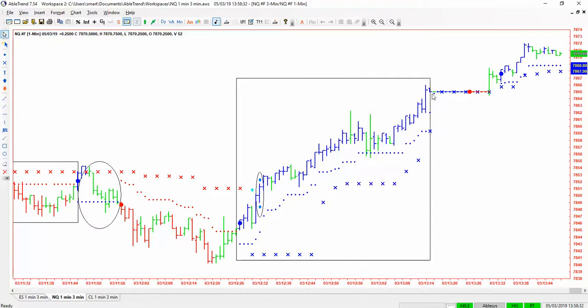And if you would have ridden it all the way out, you get a red dot, and now it's just about the market close.